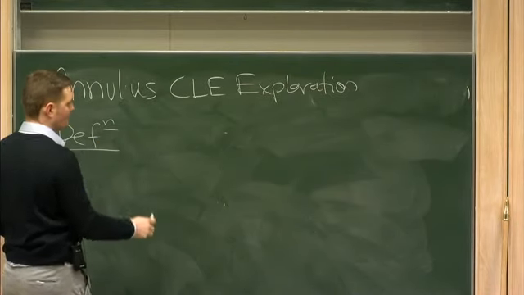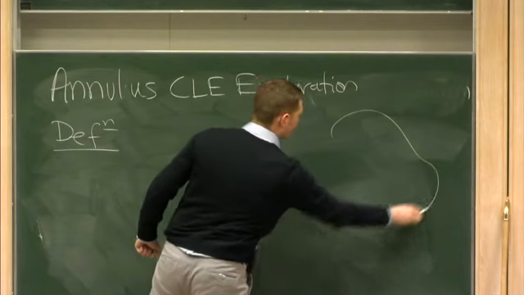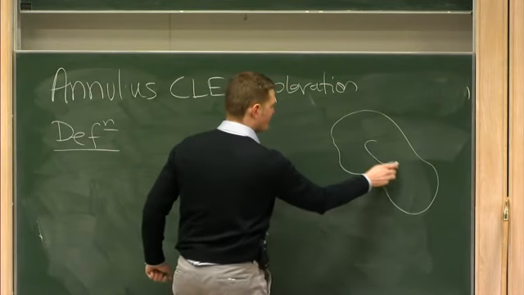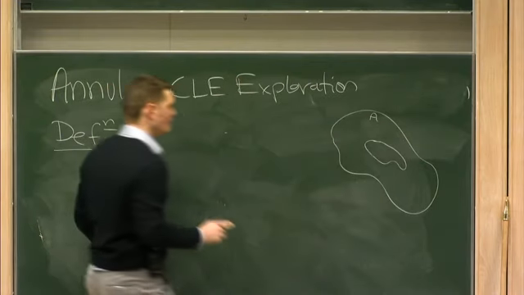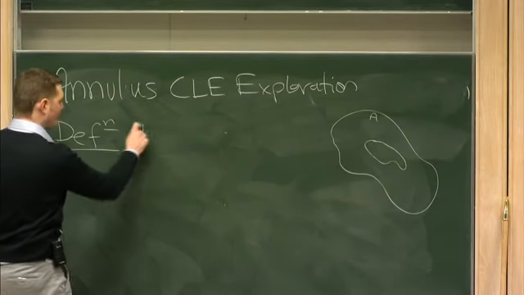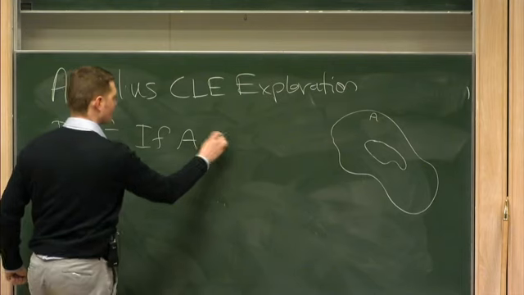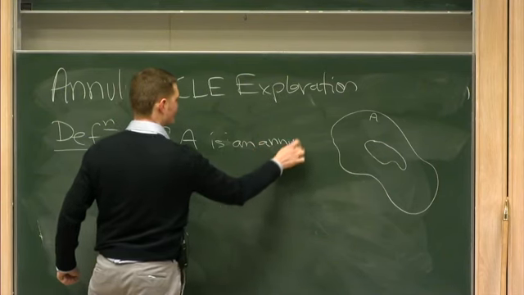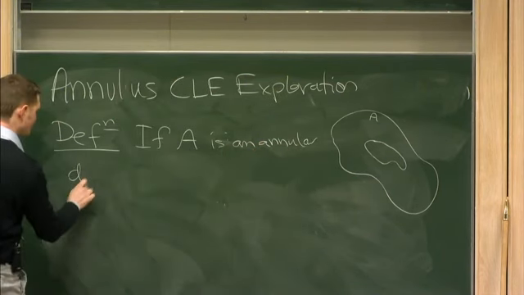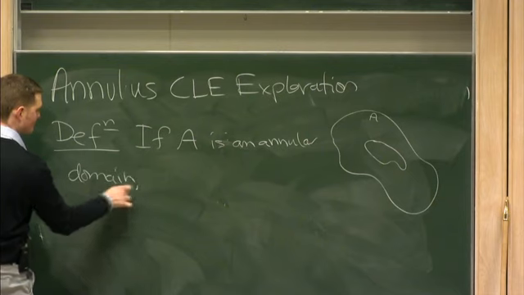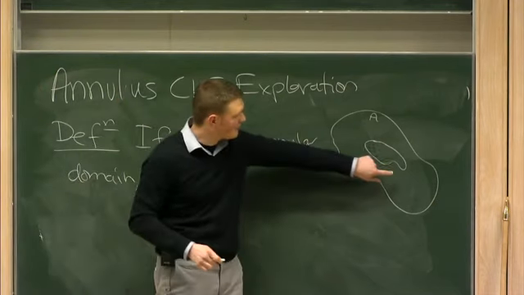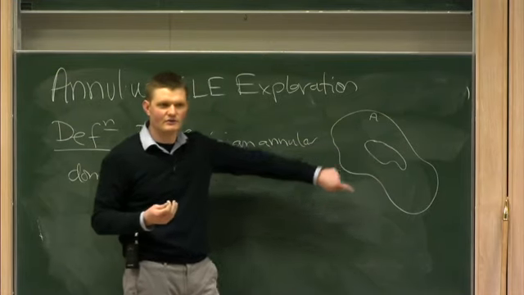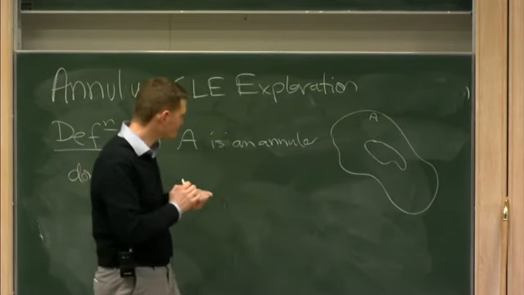If A is an annular domain, then we sample a Brownian loop soup in A, just like you would do in a simply connected domain.